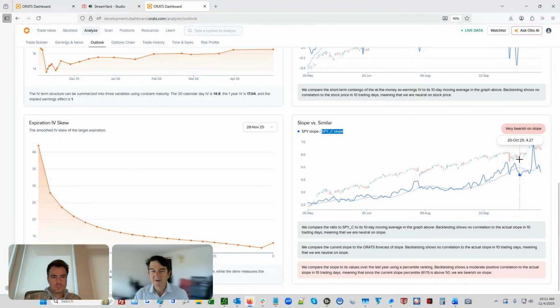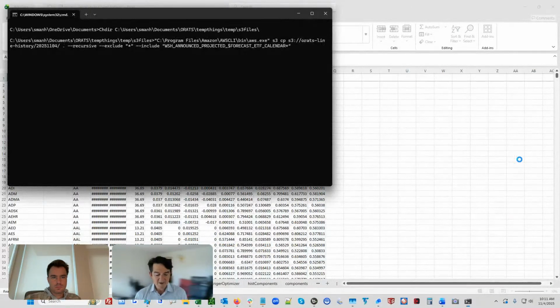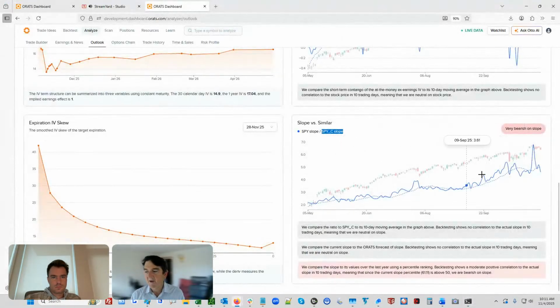As you know, it tends to happen when there's a lot of worry in the market, but there's not a lot of volatility. You could tell the market knows there's something coming up. That's when you get steep slopes, and now it's coming out of the market.